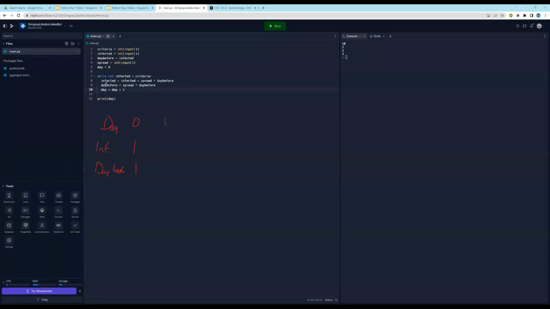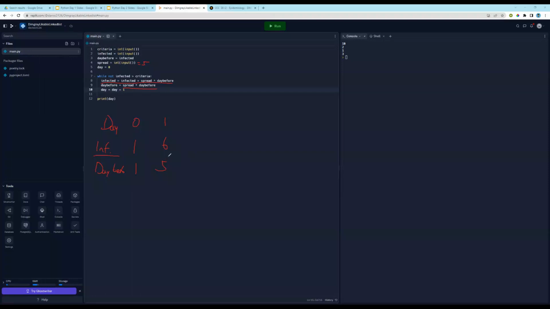On day 1, our spread value is 5. So infected equals infected plus spread times day before, so that becomes 6. Our infected value still remains, but we multiply our day before by spread. So now instead of being 1, our day before value becomes 5.